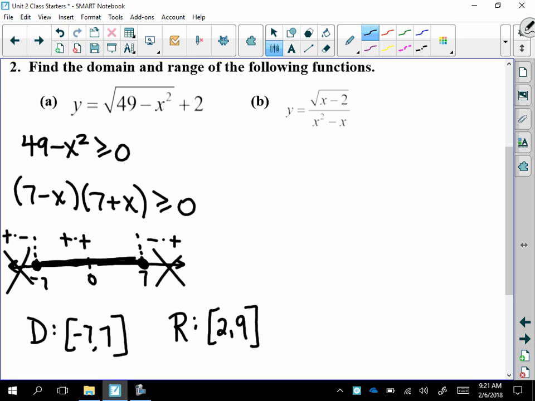What you could do is plug in the lowest value and the highest value possible, which is 7 and 0. Because if you plug in 7 or -7, you still get the same answer, which is 2. But the 0 is 9.